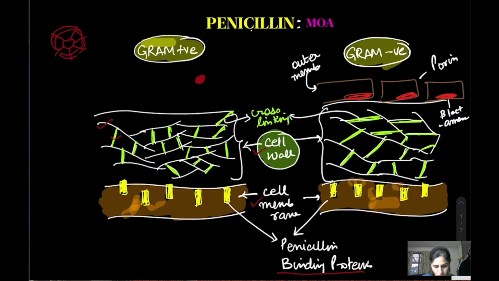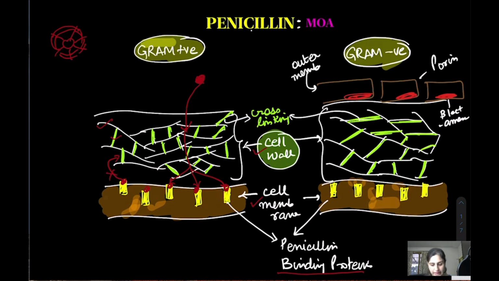It is going to go through the cell wall and bind to these penicillin binding proteins here and here. Okay? The site is the penicillin binding protein. So when it binds to these penicillin binding proteins, it basically has the aim of targeting the cross links. It is going to break these cross linkages.